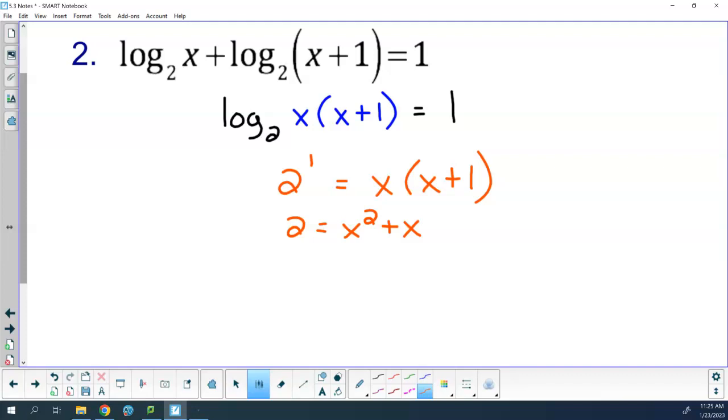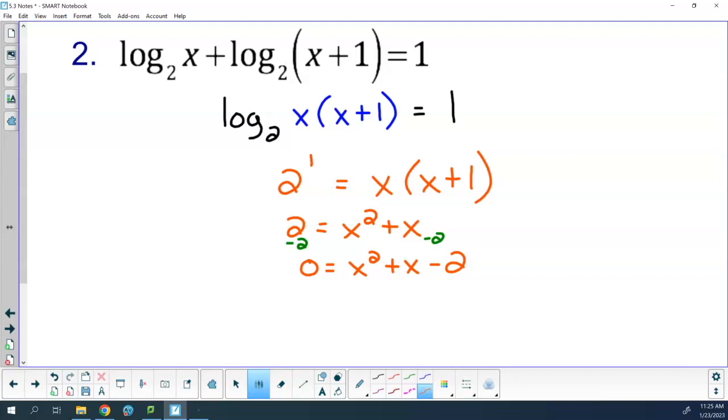Subtract 2 from both sides. That gives me 0 equals x squared plus x minus 2. Now what? Factor. Okay.